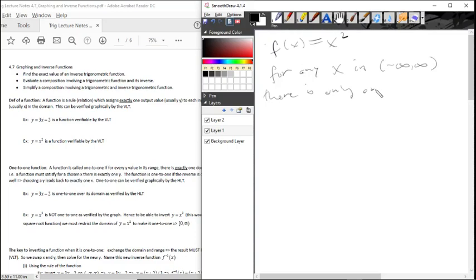There is only one value y that is the square of that x. So for example, if we choose x equal to 3, then x squared is equal to 9, and 9 is the only value that we would get out of the function. Hence this is a function because this would be true for any value we choose.